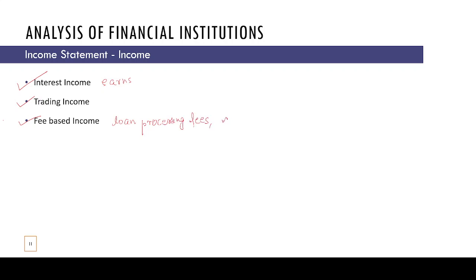Then those annual fees of credit cards, then any transaction charges or any transaction fees when you withdraw money from an ATM, right? So all these could be your fee based income.